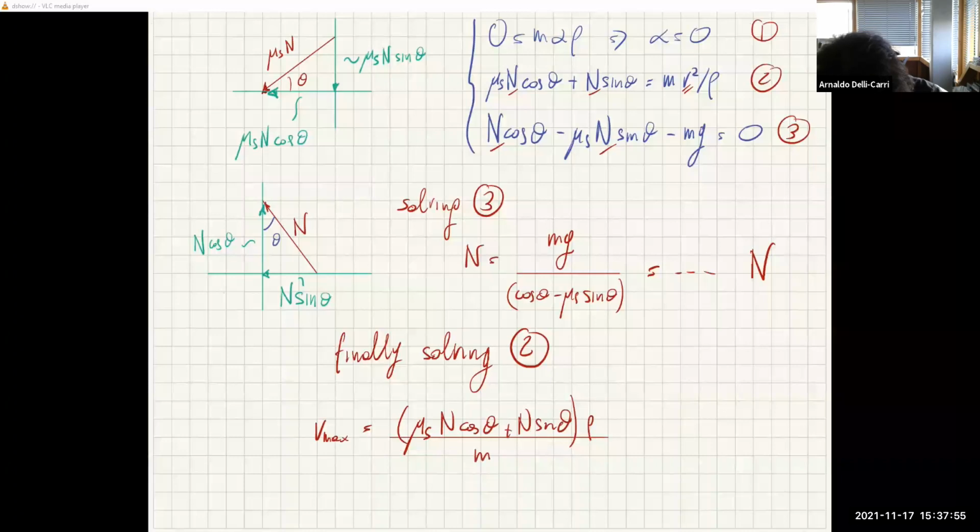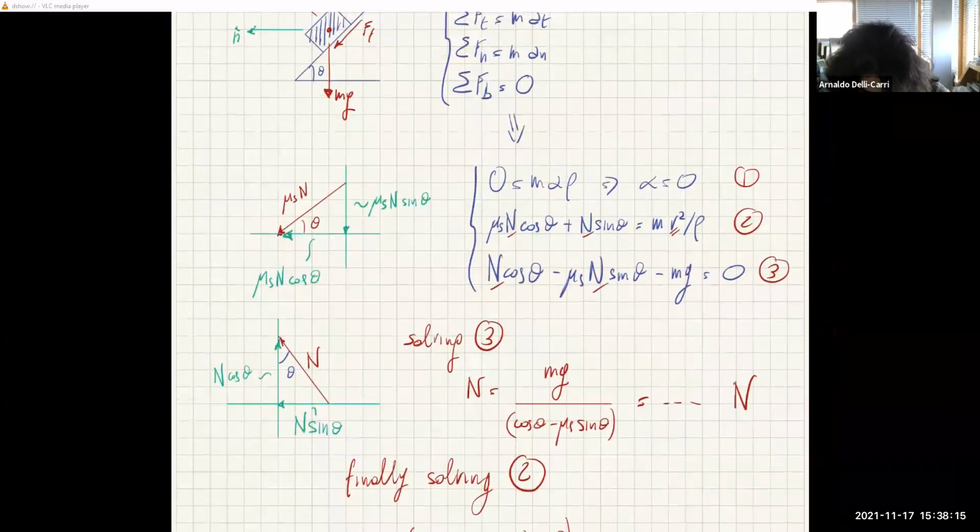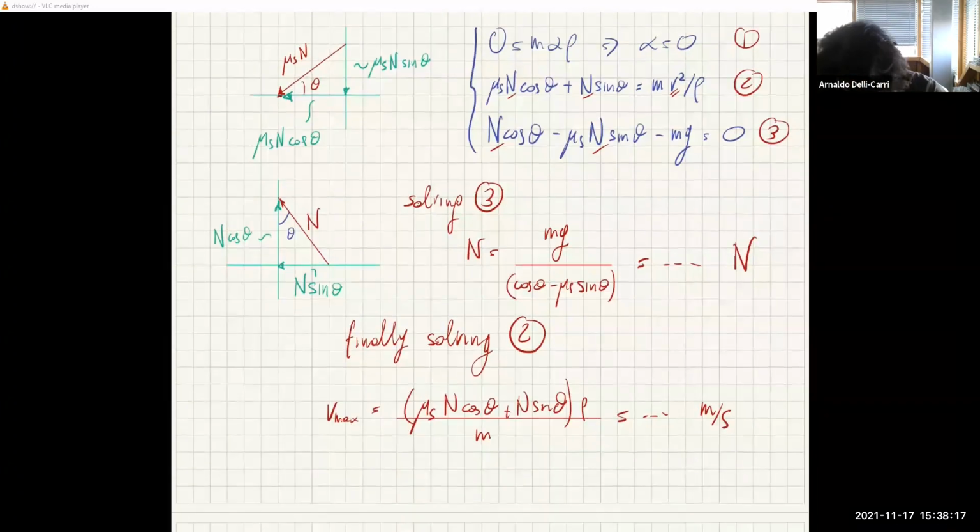Since we know that n is mg, this m also doesn't matter. Very good. So this is a number in meters per second, and I believe that this number is 24.4 meters per second. Any questions? No, doesn't look like so.